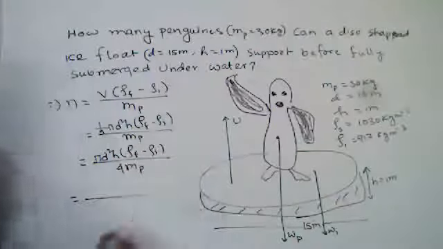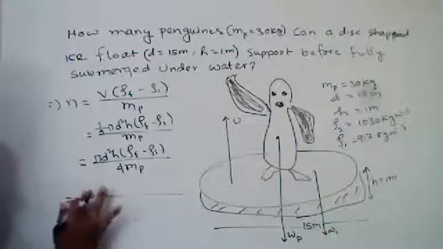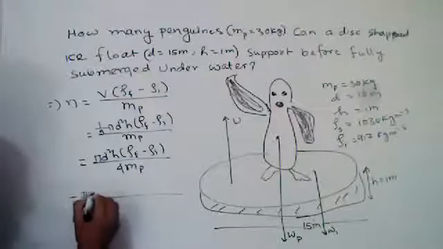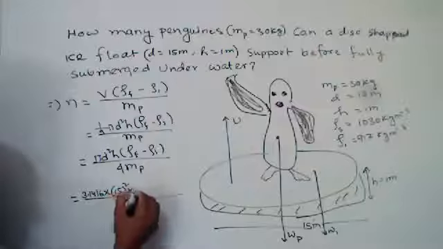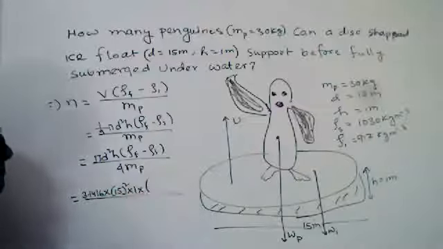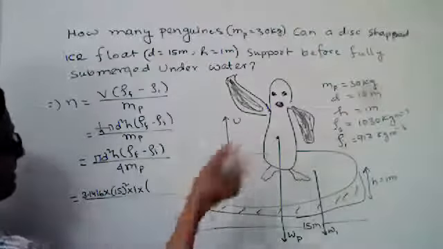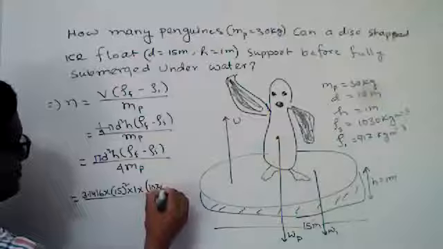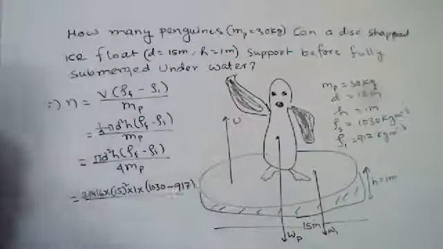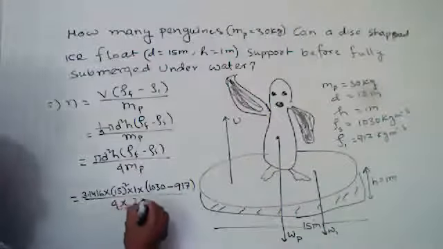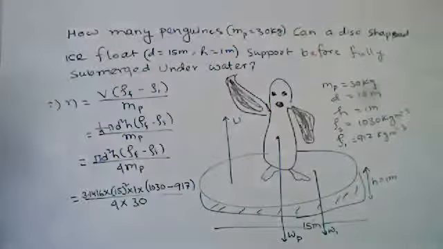Now we can put the values. Pi is 3.1416, D is 15 squared, H is 1, rho F, the density of the seawater, is 1030, and the density of the ice is 917, and 4 into the penguin's mass, 30.